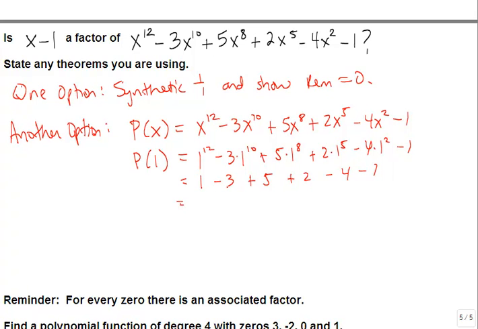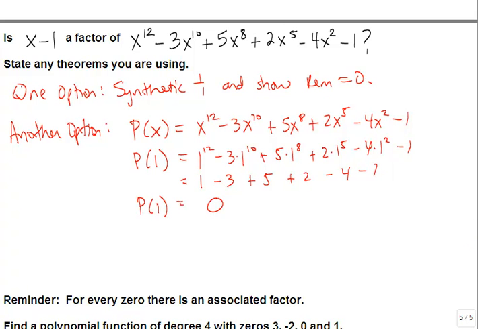Oops, hold on a second. I think I said something wrong there. So 1 minus 3 is negative 2. Negative 2 plus 5 is 3. 3 plus 2 is 5. 5 minus 4 is 1. 1 minus 1 is 0. So what we've just shown is that p of 1 equals 0.